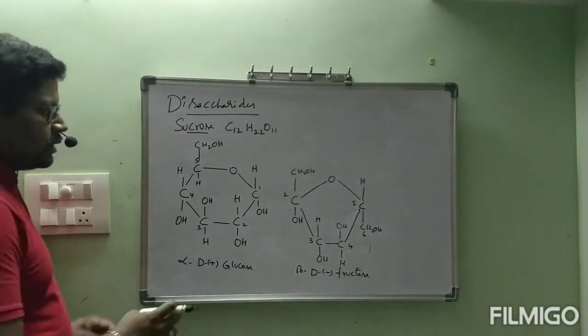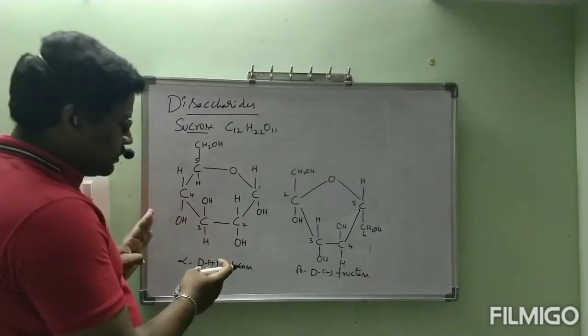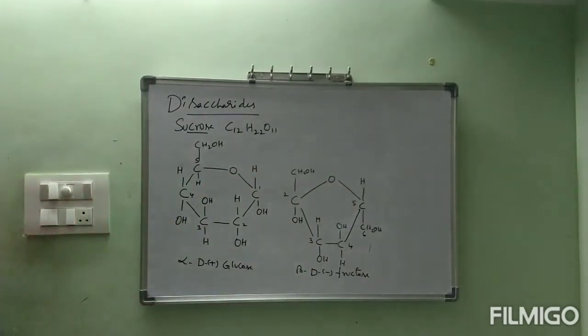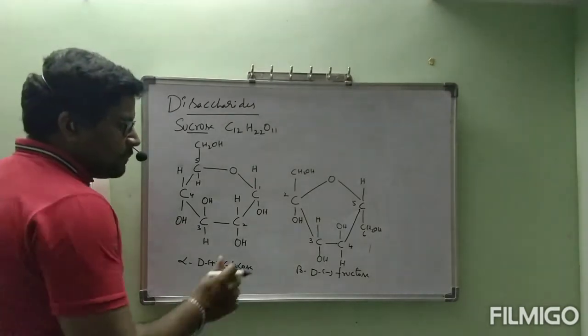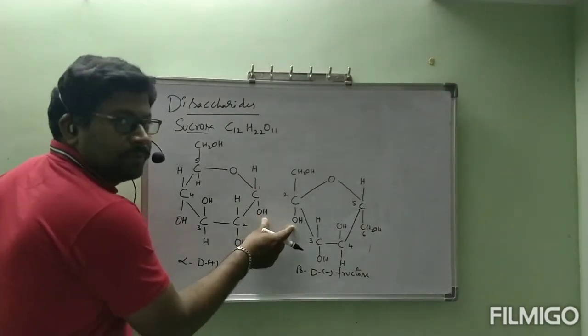Okay, now this is an individual molecule of glucose, this is an individual molecule of fructose. Observe the two structures carefully, all of you. Now these two molecules are combined here.